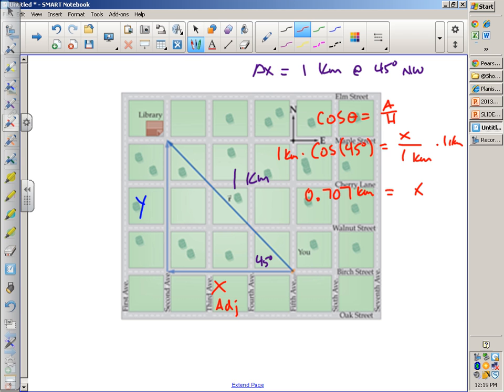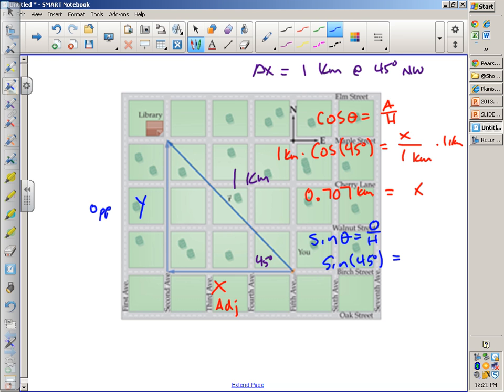So there are 2 ways we can do this. Okay? Let's do the long way first. All right? As far as y is concerned, in relation to this angle, y is the opposite side. So we can use our sine function, because sine relates the opposite side of the triangle with the hypotenuse. This is the angle we know, so we plug that in.